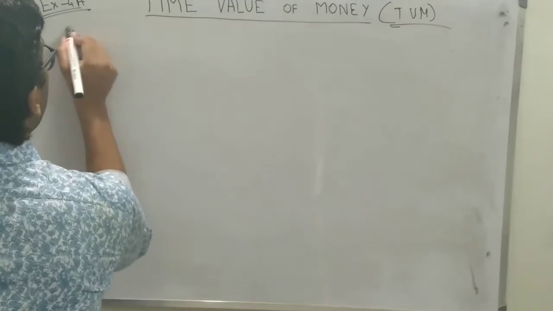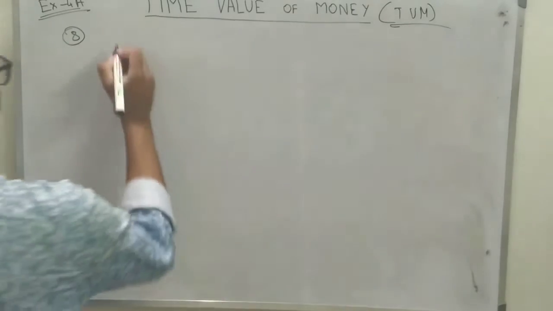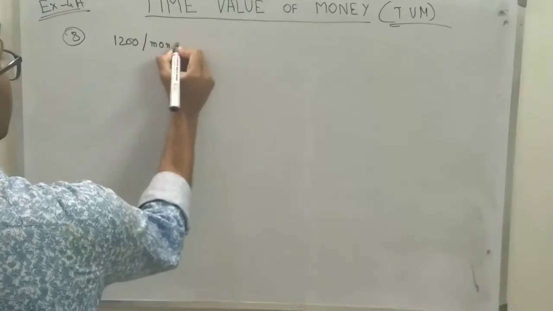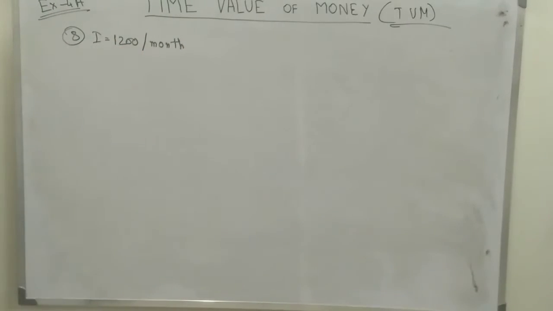Now question number 8. It is said the sum required to earn a monthly interest of 1200 at 18% per annum is. The sum required to earn a monthly interest of 1200. Monthly interest is 1200, that means 1200 per month is the interest.